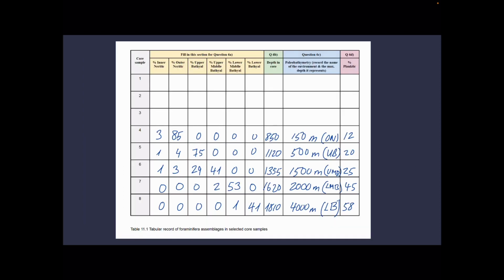I have actually completed cores 3 to 8 for you, so you don't have to count, because it seemed a little tedious to have to count all those forams. If you just do 1, 2, and 3, then you'll get the hang of how the exercise works. There are 100 forams in each sample, so it's always going to be out of 100.